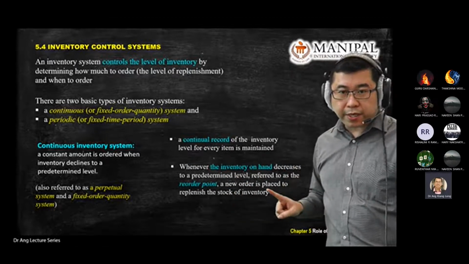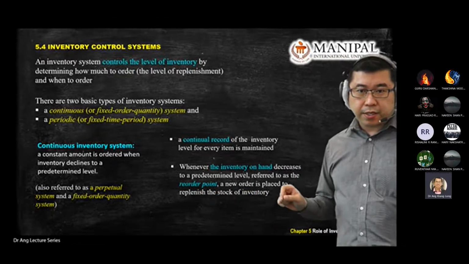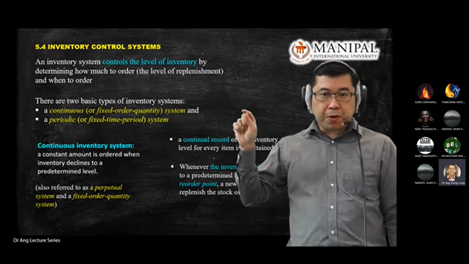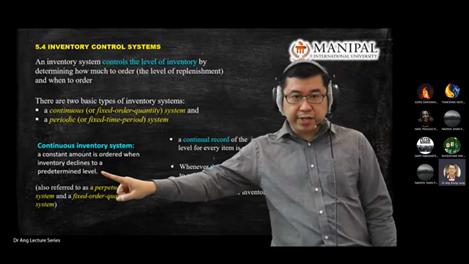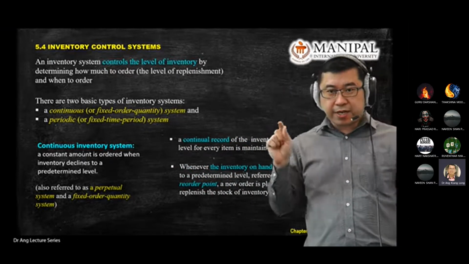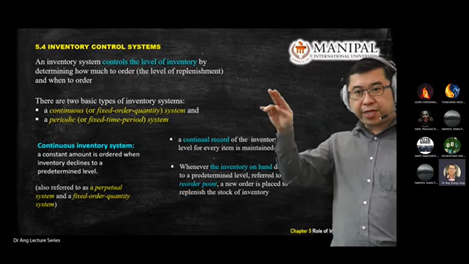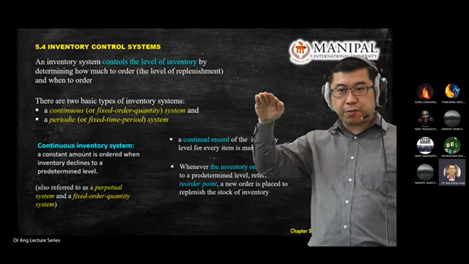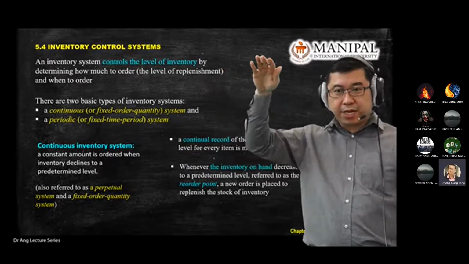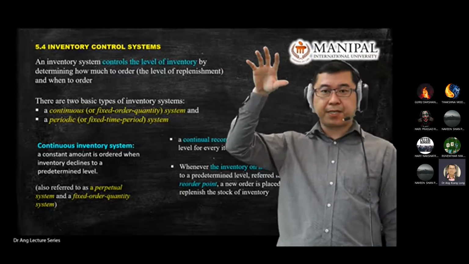So here there's one technical word I want to point out, which is reorder point. Every time it reaches a point, the predetermined level or predetermined value, that point is called the reorder point. Every time your quantity drops because of your operation, you send out items to your customer, right? Let's say your maximum capacity is 100.